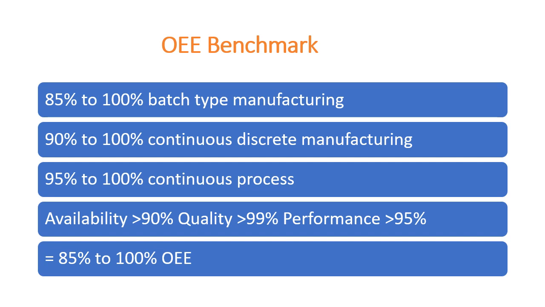So to achieve 95 to 100% OEE, we need availability of at least more than 90%, quality more than 99%, and performance more than 95%. Combining these three, we can expect an OEE in the range of 85% to 100%.